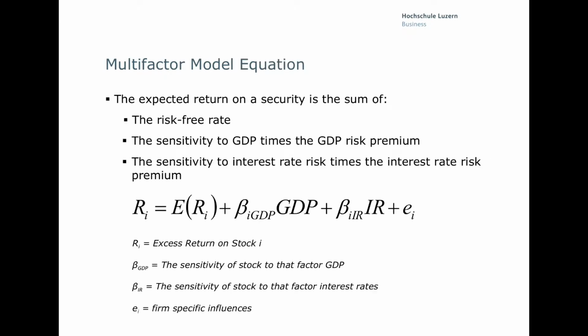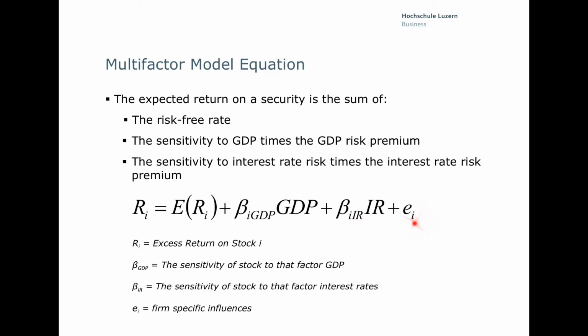The multi-factor model equation. The return on any stock will respond both to sources of macro risk and to its own firm-specific influences. We can write a two-factor model describing the excess return on stock i in some time period as follows. It's the expected excess return on stock i plus the sensitivity of that stock to the GDP factor plus the sensitivity of that stock to the interest rate factor plus the firm-specific influences.